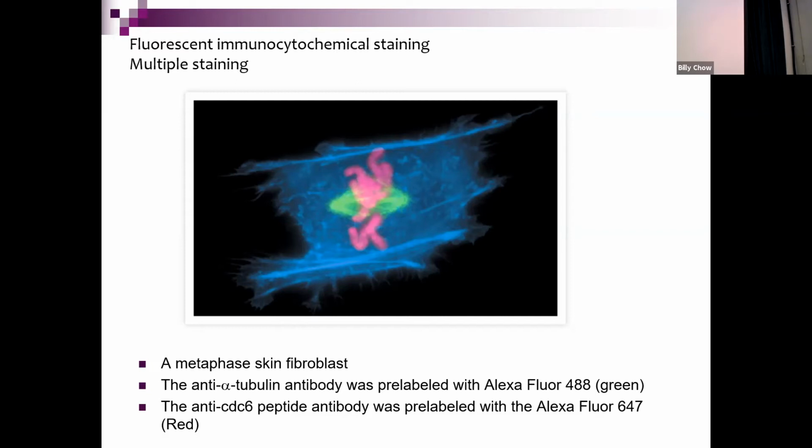Okay, again, a very nice diagram showing how you can use this immunofluorescent labeling technique to observe what is happening in the cell, in this case during mitosis, during cell division. You can see the sister chromatids lie in the equator region, ready to be separated by the spindle fibers.